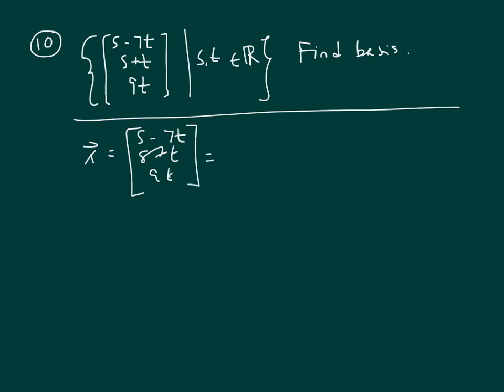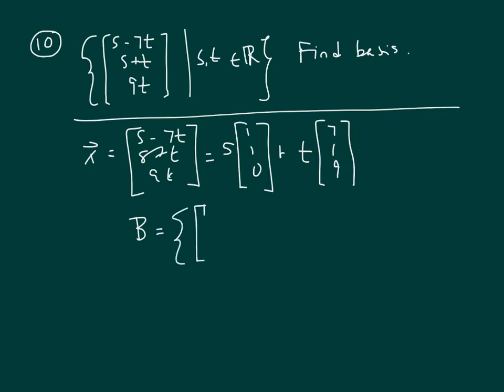Then all vectors can be written as s times (1, 1, 0) plus t times (7, 1, 9). And so, since all vectors are a linear combination of these two vectors, then a basis is given by the two linearly independent vectors. So that's a basis, and our dimension is 2.